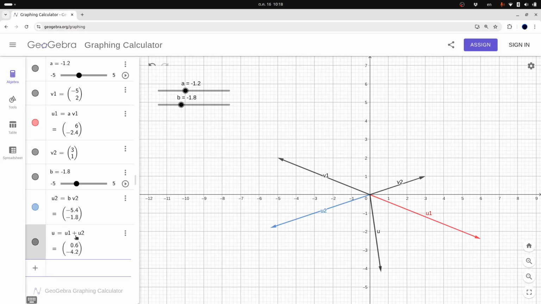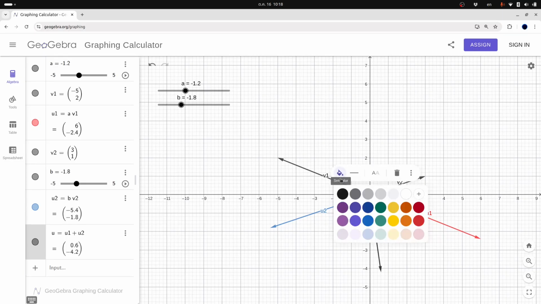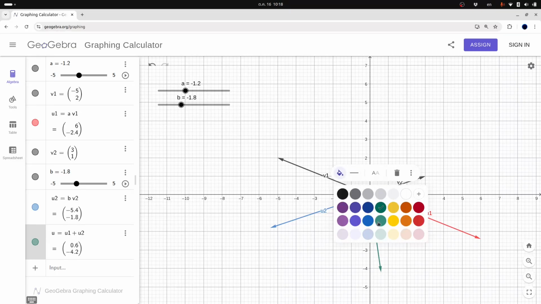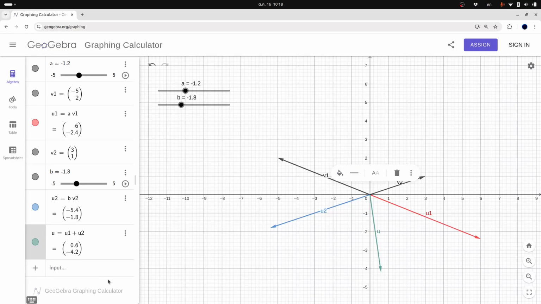Let me make it green, and a little thick so that you can see it. So this is the green one here.